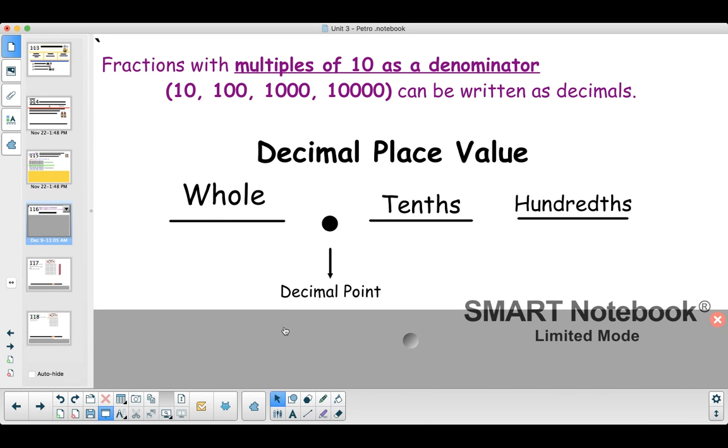When we are writing decimals, the whole comes before the decimal point, then we have the decimal point, and after the decimal point is the fractional part. Our first place value to the right of the decimal point is tenths, and the next one is hundredths.